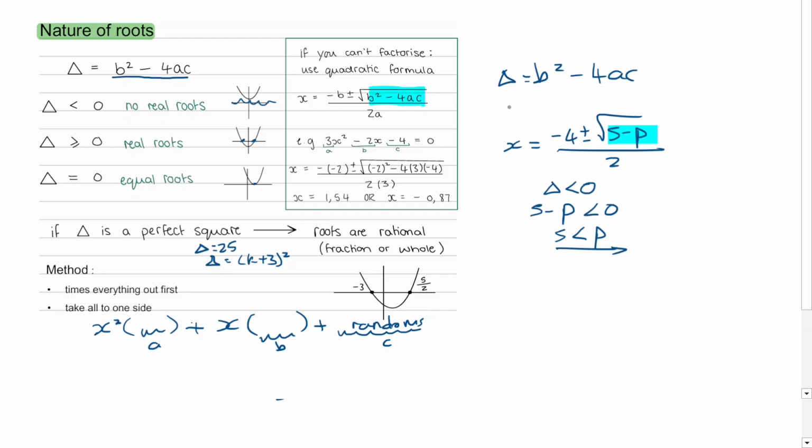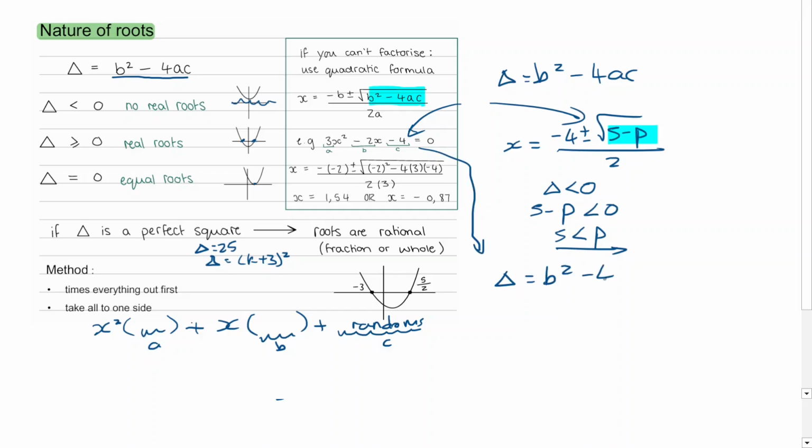So either we get it like this and we can dive straight in, or we get it like something like this, and then we work just with the a, the b, and the c. In this example here, I've actually worked everything out, so this is getting the actual solutions. But if I had to do the nature of roots, let's see what these would be.